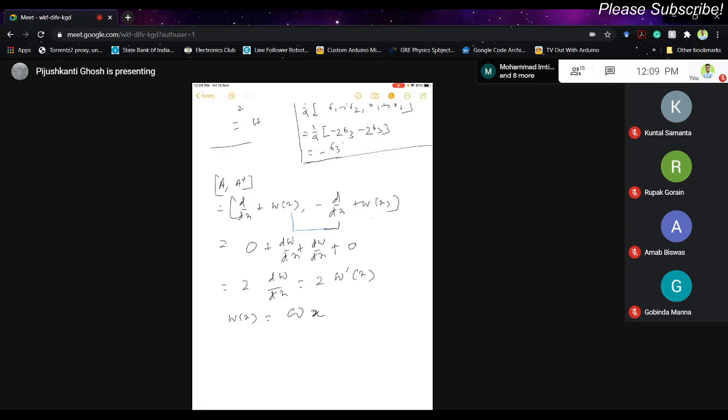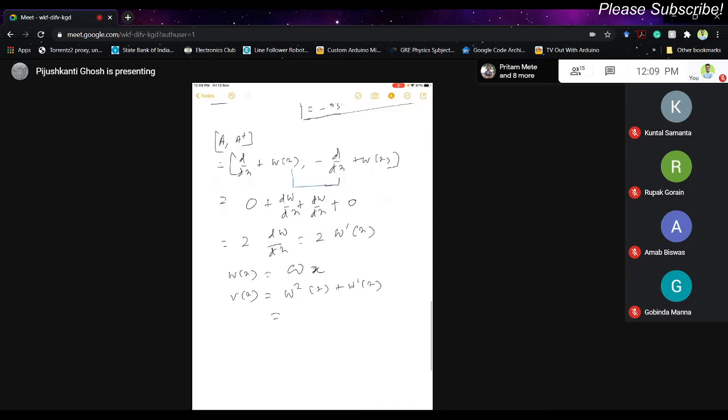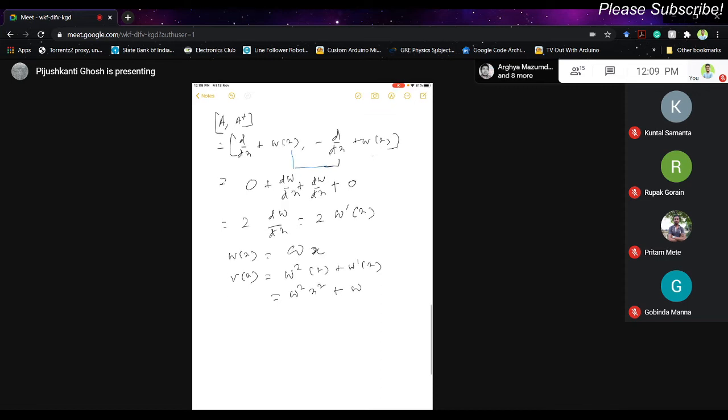Okay, then you get potential V square x plus omega prime x, meaning omega square plus omega. Okay, now you can see in case the superpotential is omega, angular frequency omega times x, then it produces the harmonic oscillator.